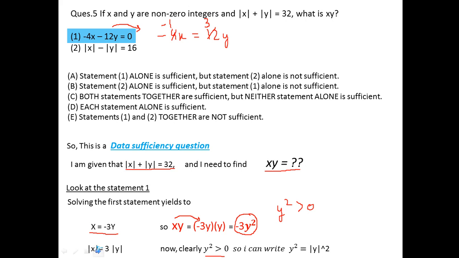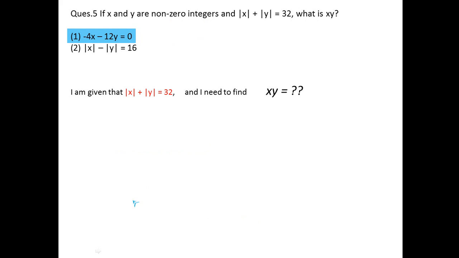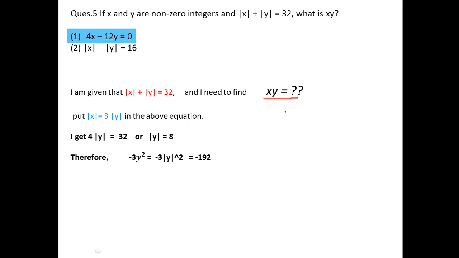And by this I also know that |x| is equal to 3 times |y|, right? So I have resolved xy to minus 3y², which is minus 3|y|², because y² is always positive.